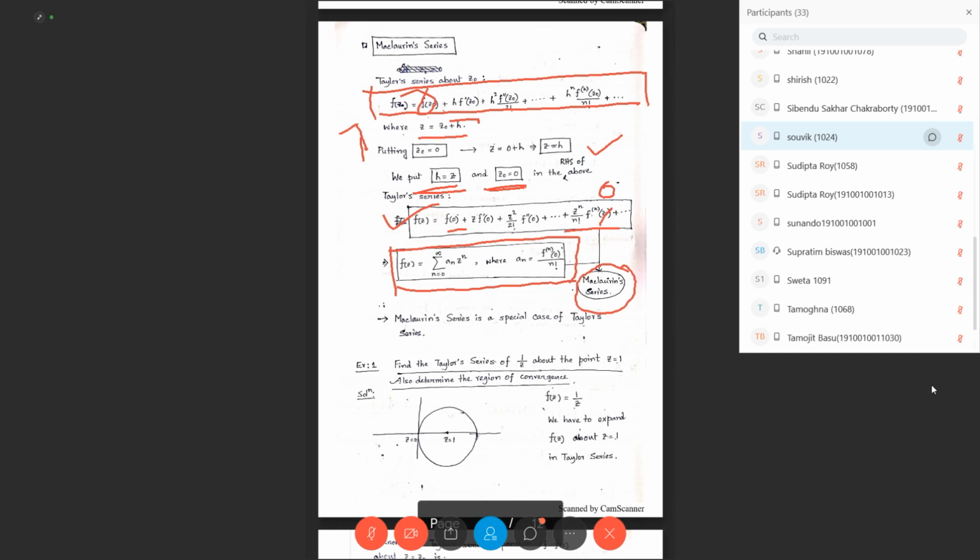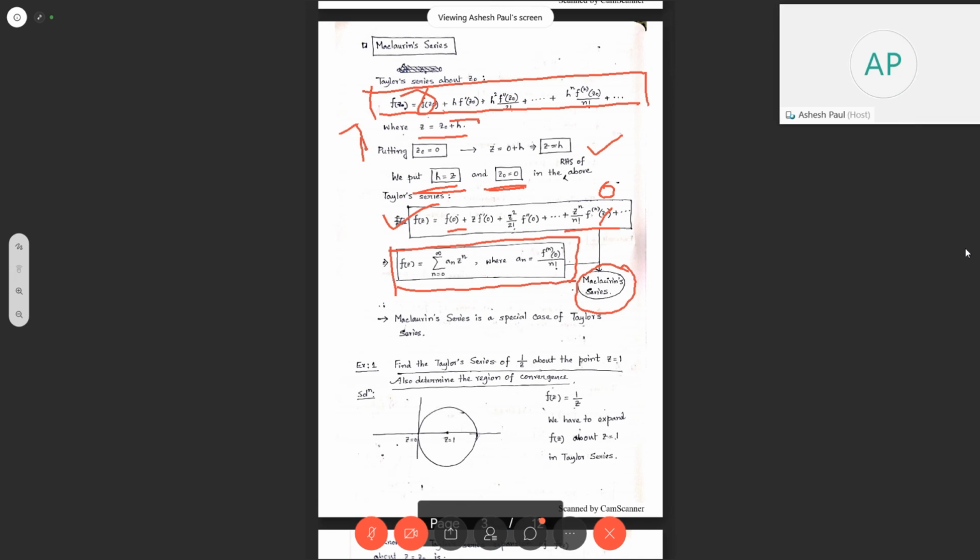So Maclaurin series is nothing but a Taylor series about the origin. The value of z at the origin is 0. Z equal to 0 is the origin. So whenever we are taking a Taylor series about the origin, we get the Maclaurin series.